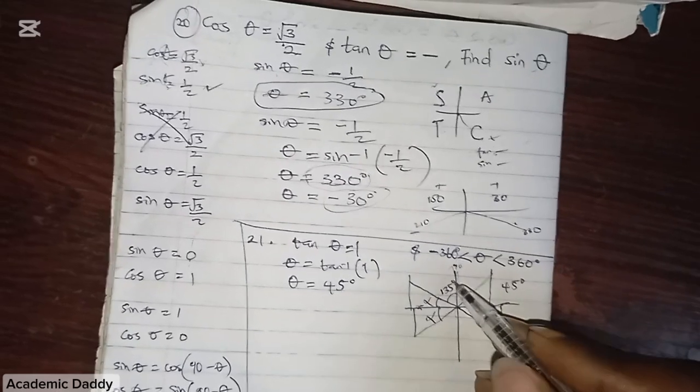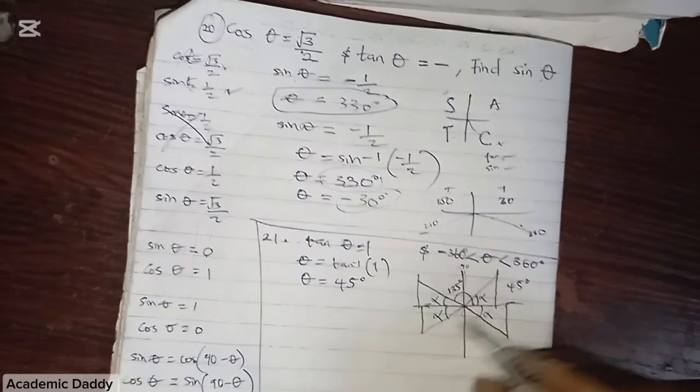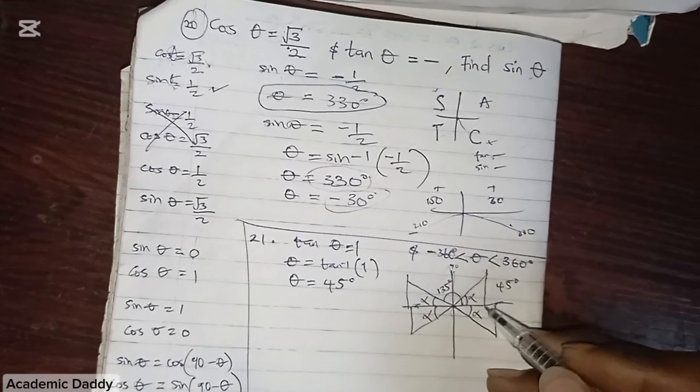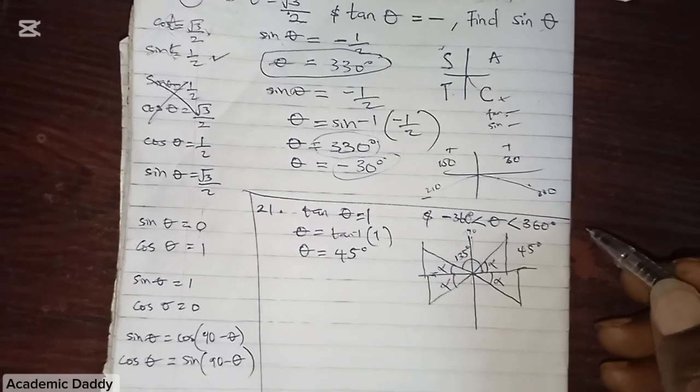Yes, 90 plus 45. Remember, if you do it this way, if you want to take just this one, what you're doing is still the same first quadrant, 45 degrees. But if you check the opening, this is 135 degrees. So that is why 135.